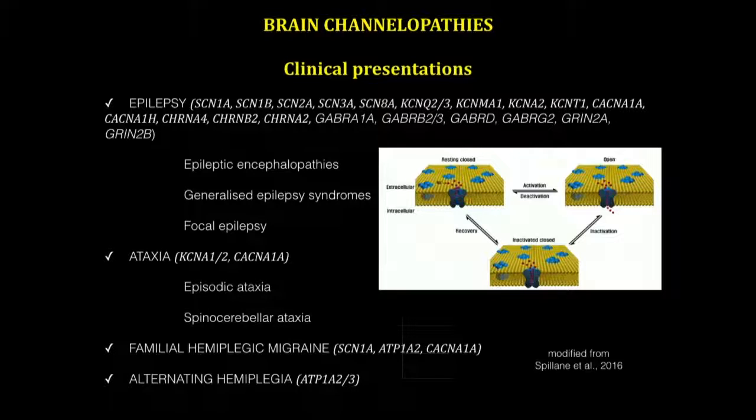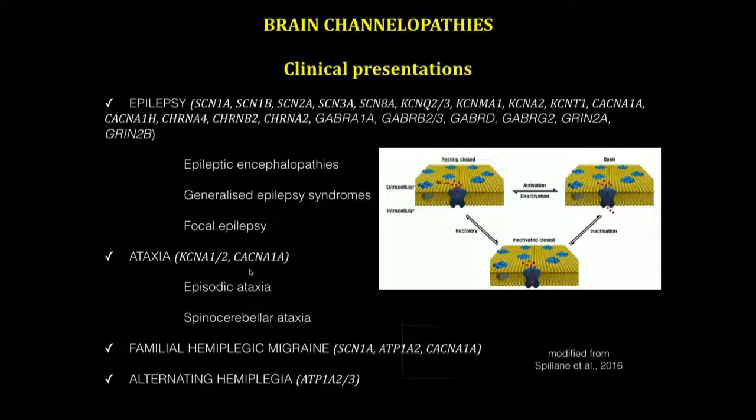Now, the clinical presentation is often in the context of epilepsy, with epileptic encephalopathies, which are the most severe forms of epilepsy, especially in children. Then some are manifested as generalized epilepsy syndromes and some as focal epilepsy.